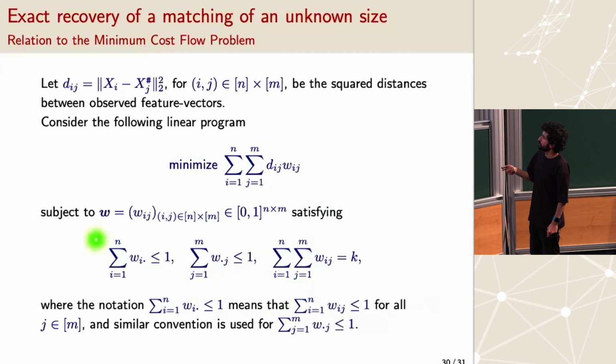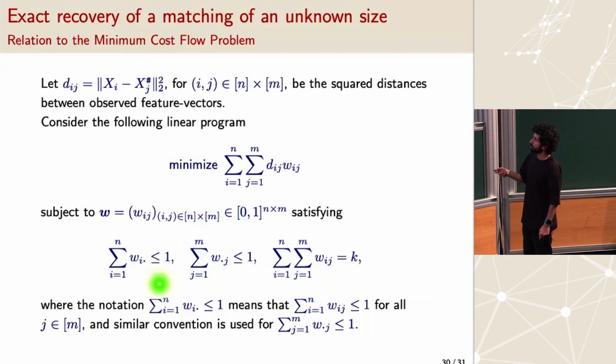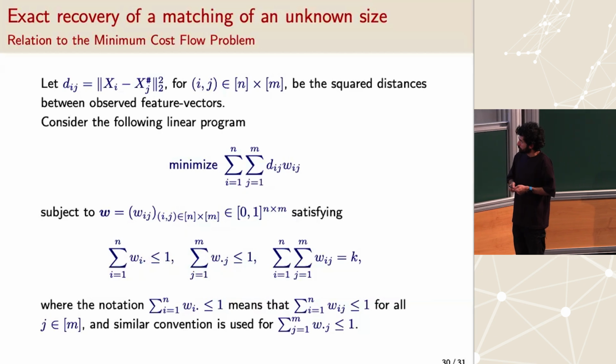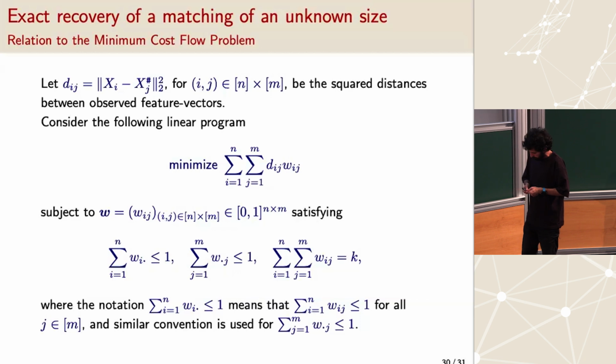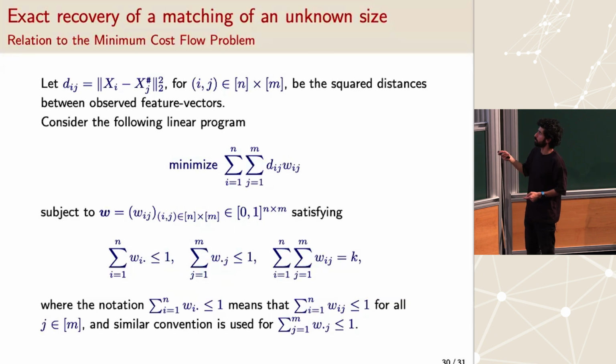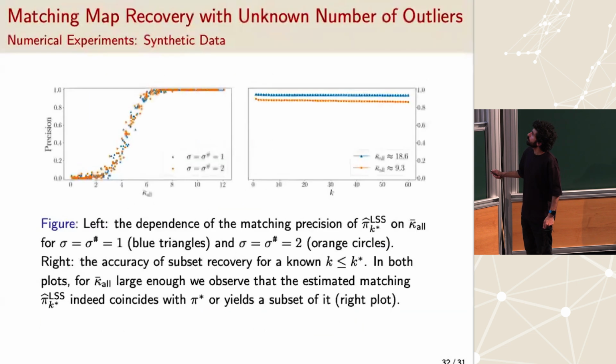And there are two more conditions on the sums of weights: for each x_i we match exactly 1 point, and for each point in the second set we want it to be matched to 1 point in the first set.